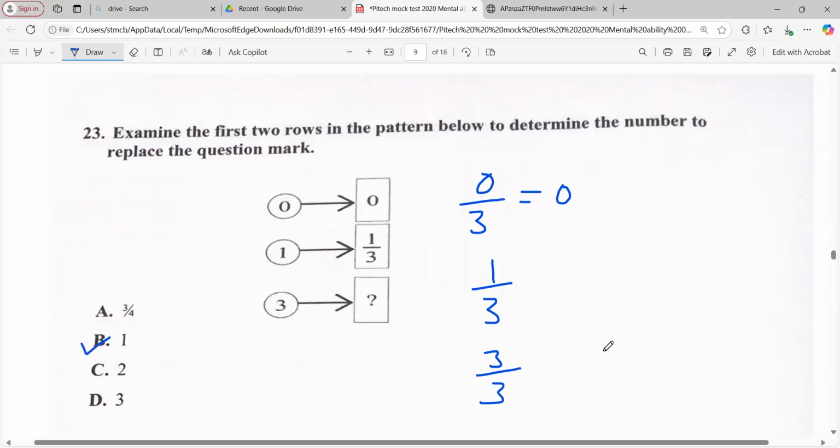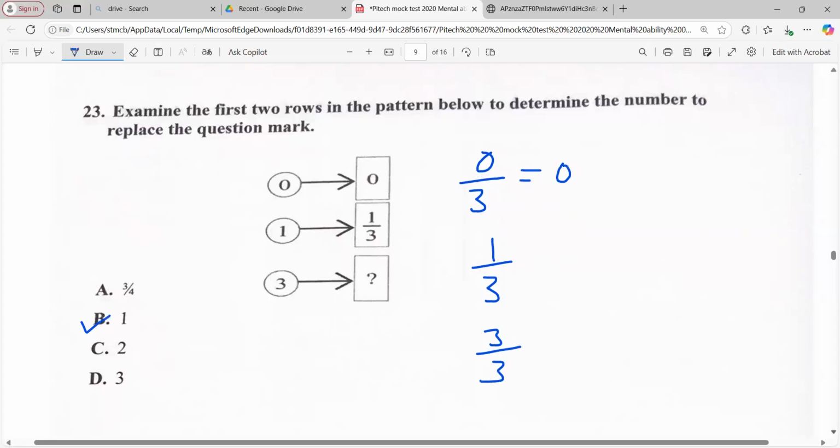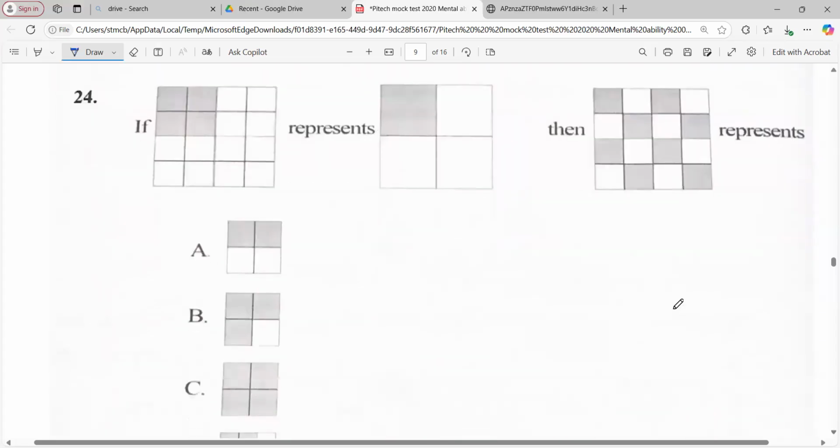All right, this says now if this represents this, then this represents what? So let's examine it first. 4 of them give you a quarter.